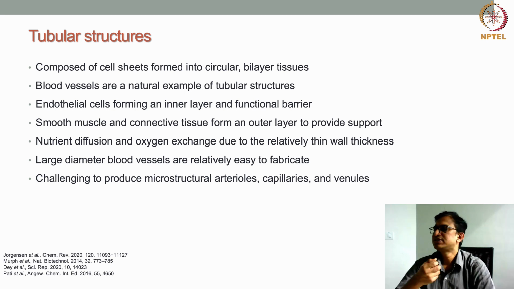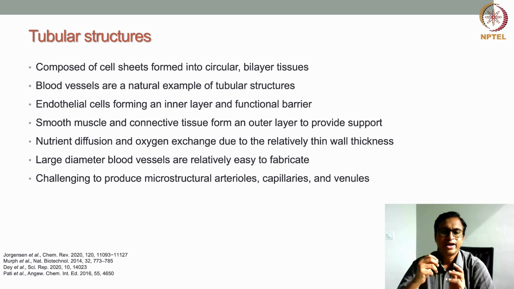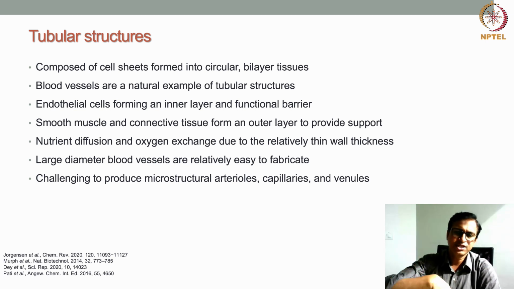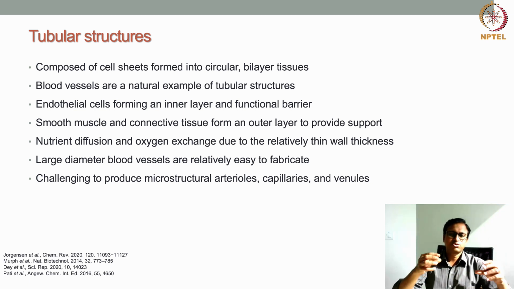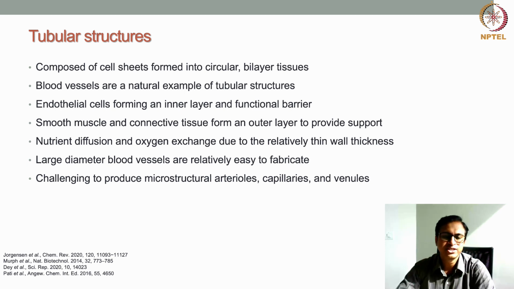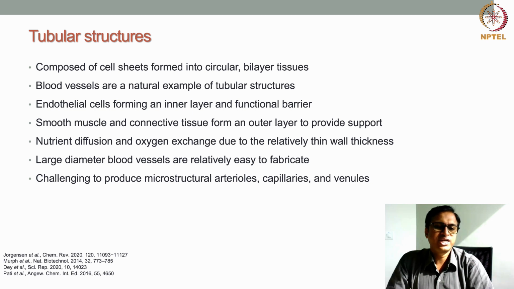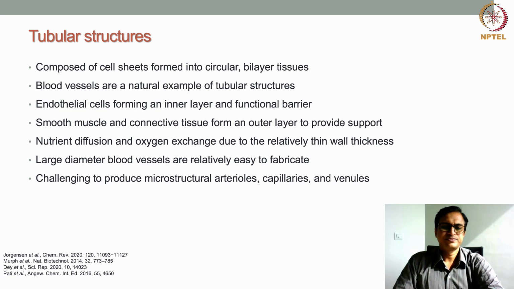Other than this, a large amount of work has been done on the development of large diameter blood vessels. But large diameter blood vessels are relatively easy to fabricate, because the dimension is such that with our current technological capabilities, like the bioprinters that we have, we can fabricate them very easily.